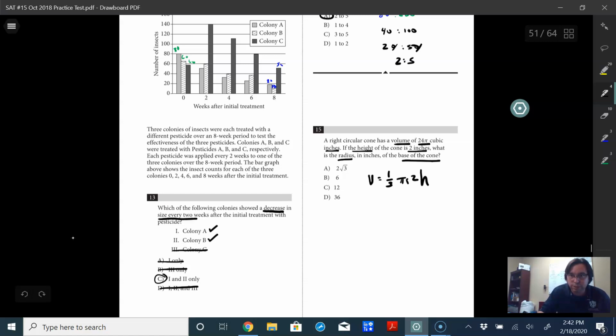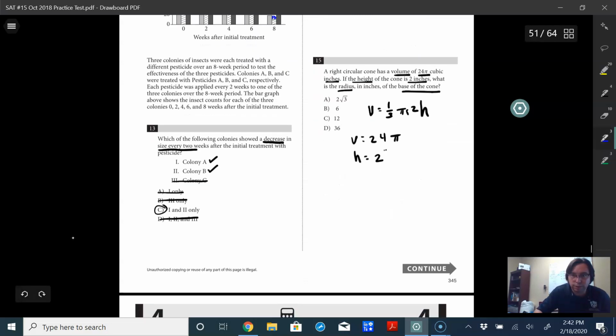So for that reason, we can say V equals 24 pi. The height equals 2 inches. And then we're trying to solve for the radius. So we just plug in those values. Use a different color here to kind of help me out a little bit. So I'm going to say, okay, 24 pi equals 1/3 pi times r squared times 2.